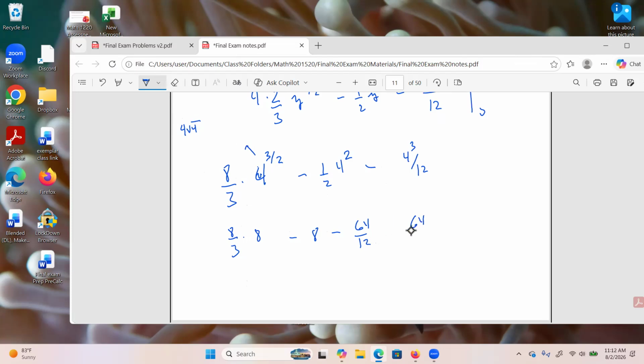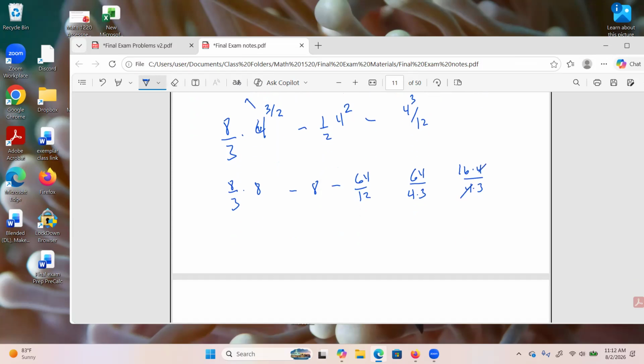We have 64 over 4 times 3. 64 is 16 times 4 over 4 times 3. I just took this out and I rewrote it as a product of its factors. So it would be easier for me to figure out. Okay. So we would have 64/3, 8 times 8, minus 8 minus 16/3. Okay, that's not too bad.